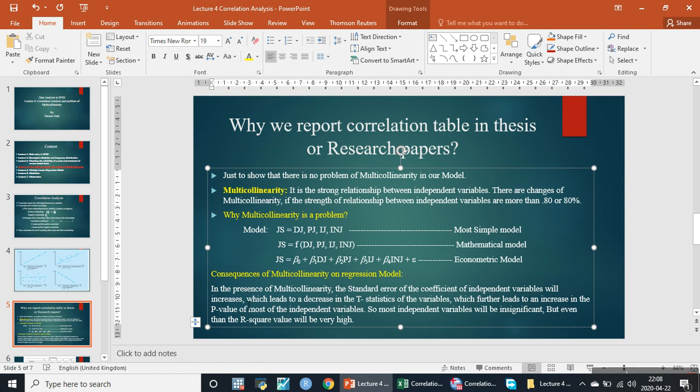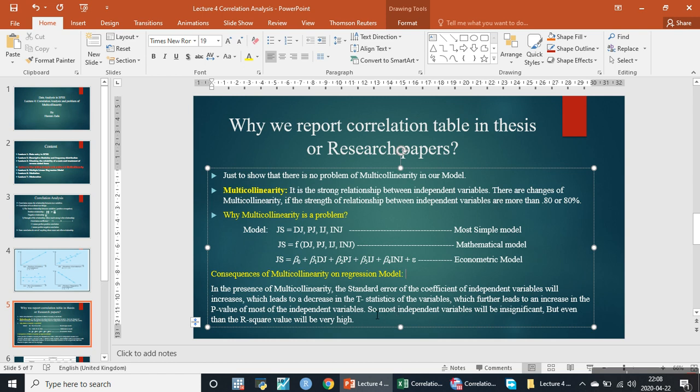An increase in the standard error will lead to a decrease in the t-statistics. If the t-statistics decreases, it will increase the p-value, the probability value of the independent variable. It means that a significant variable will become insignificant.